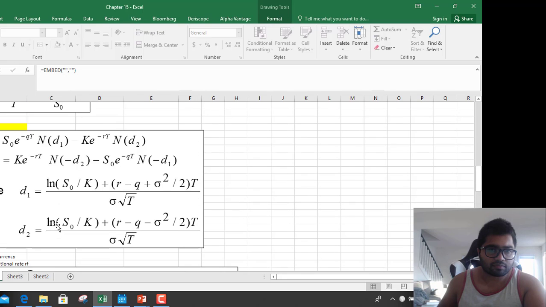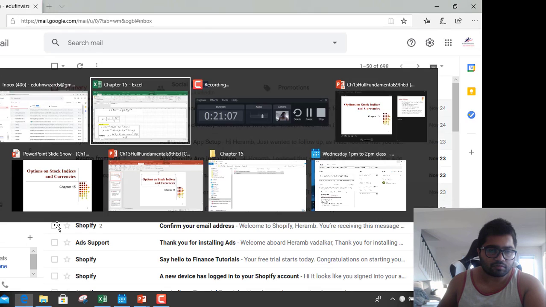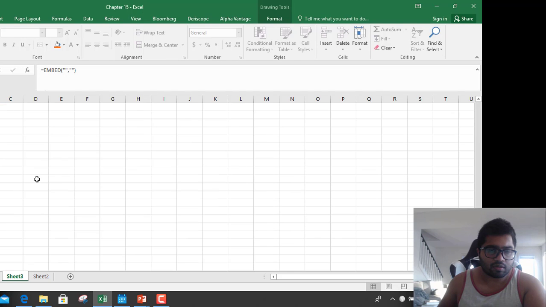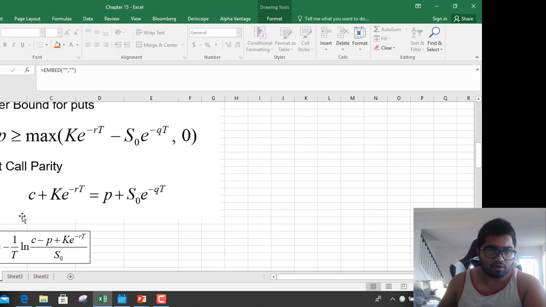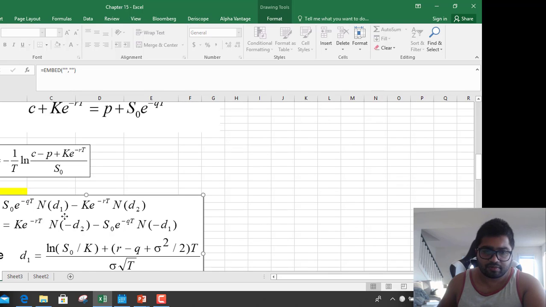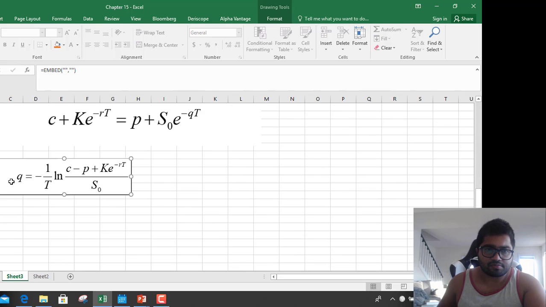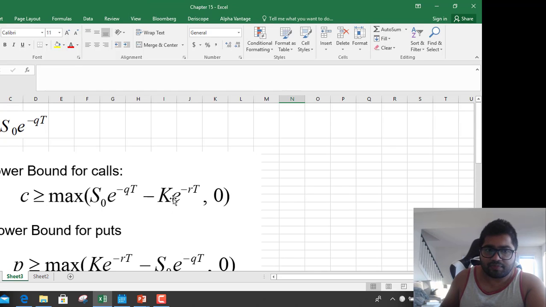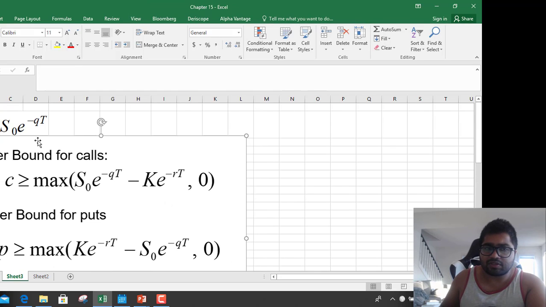The put-call BSM did not copy, so let's do it one by one. This was the basic concept: instead of S0, you replace it by S0 e^(-qT).